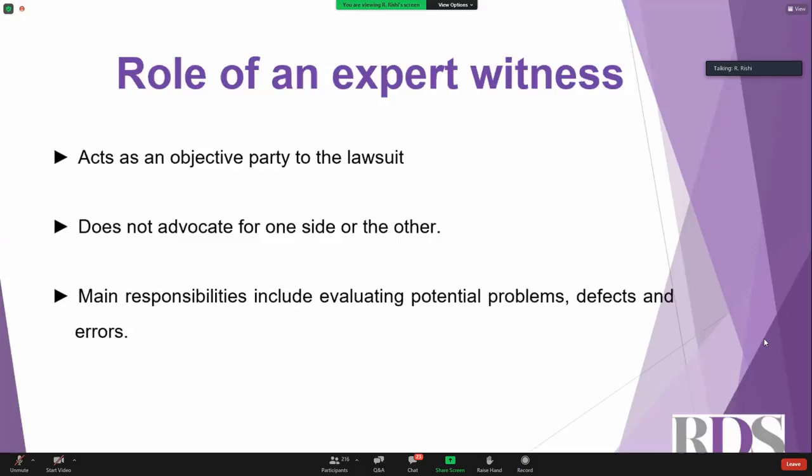The expert is actually an independent party, despite the fact that a private party may have appointed that person. And despite the fact that the private party has an underlying expectation for the expert to render favorable evidence on their part. But that is not the case insofar as the court is concerned. That is not the case insofar as the role of the expert is concerned.